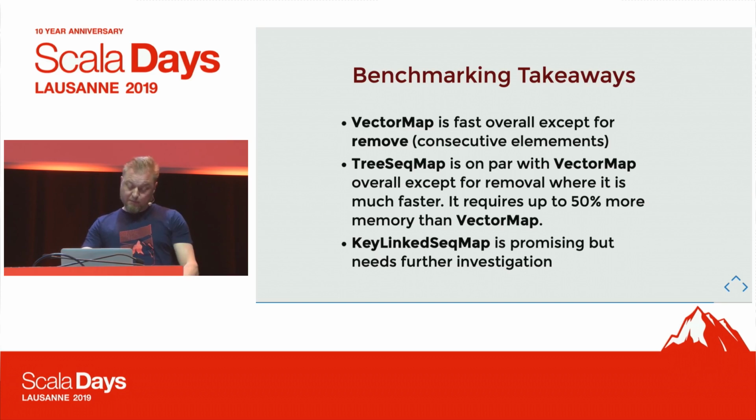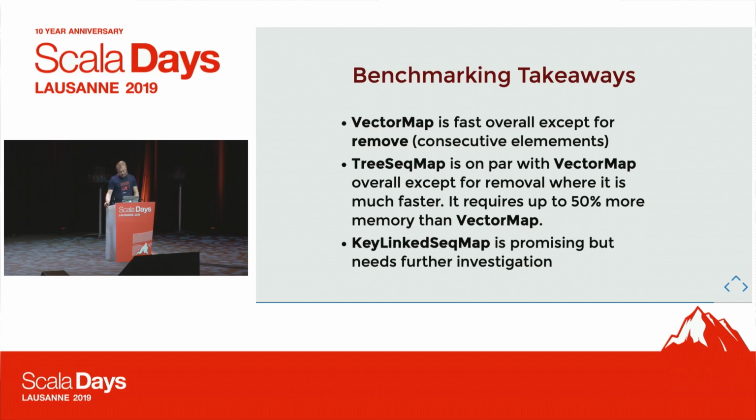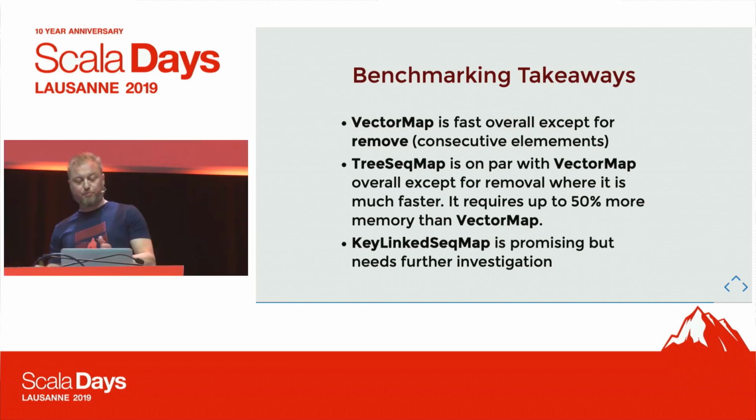The key-linked seek map is promising, but I added it quite recently, so I haven't done the most extensive testing on it, but it looks quite nice, and I believe you might be able to make that a good compromise between vector map and tree-seek map. So maybe for a future Scala version, that will be the one instead.